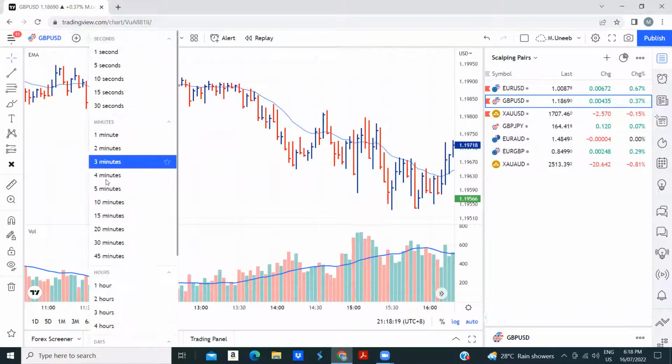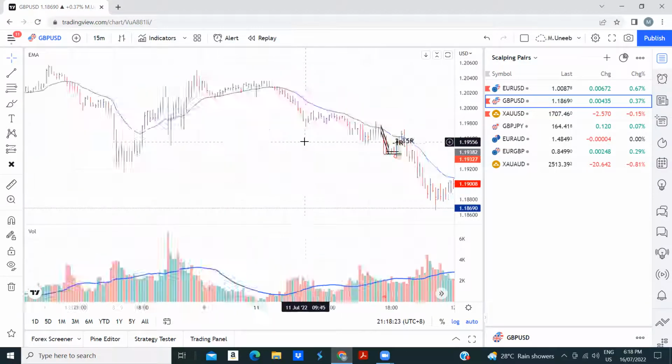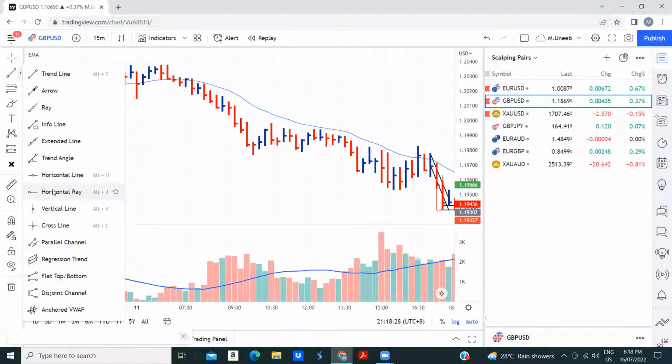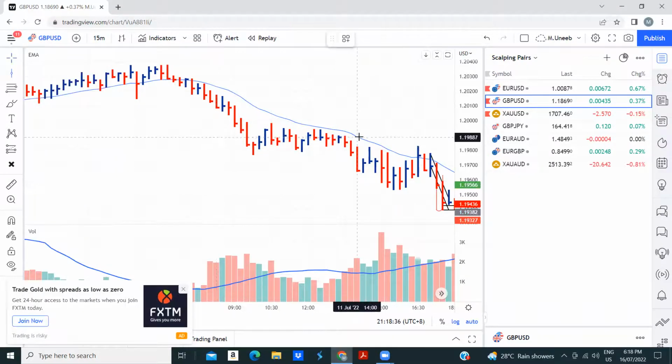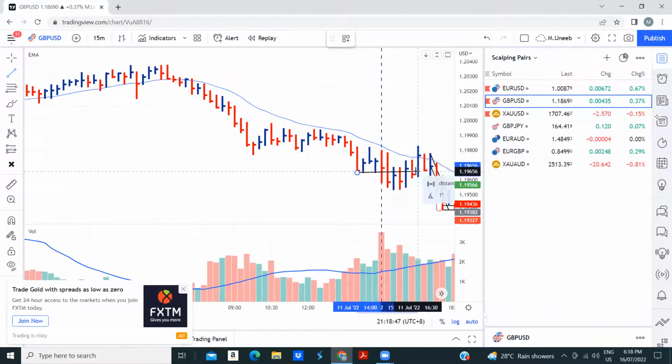Overnight session low, because towards when London was going to open, it didn't take that low. The London was open where? 3:15. Here, right? So why did I not take this one, right? Yeah, correct. Right, this one.